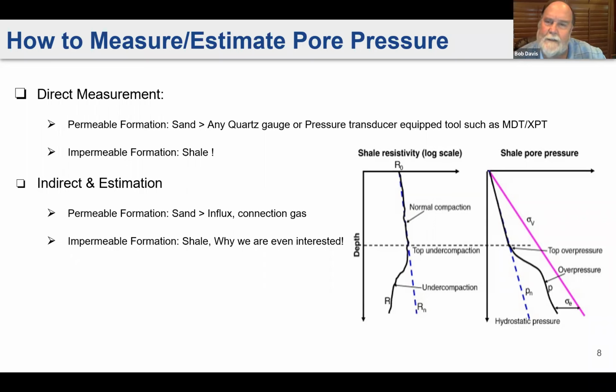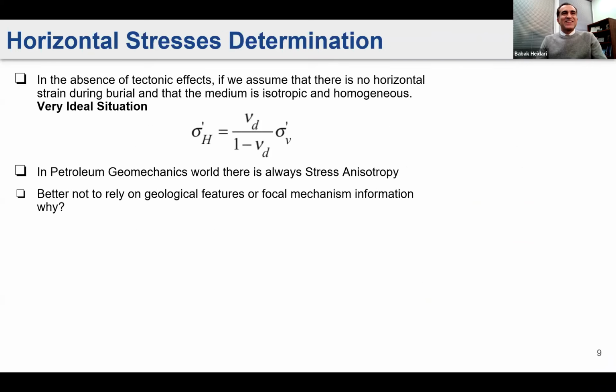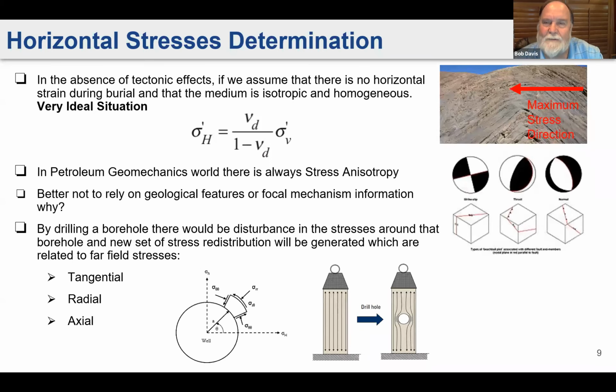The only thing I didn't hear you mention was hoop stress. Oh, yeah, I mentioned the hoop stress. Maybe I was not loud enough. I said that the hoop stress around the borehole has three components: tangential, radial, and axial.